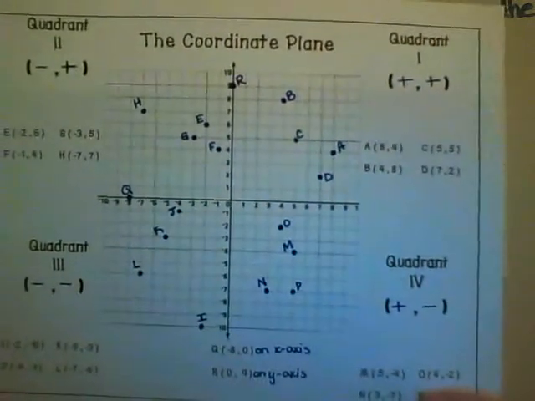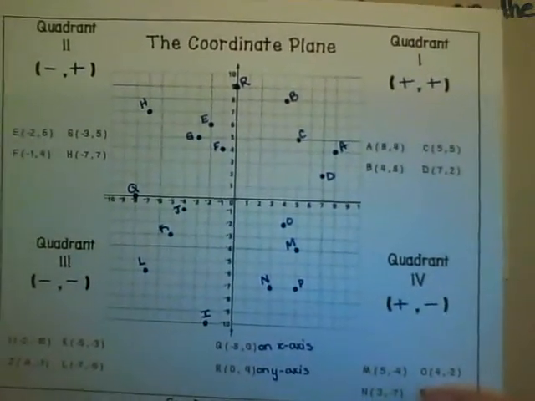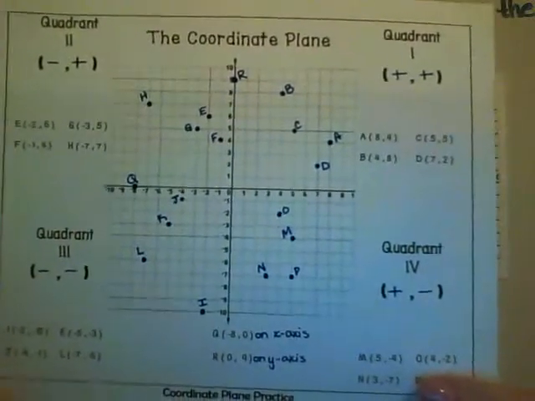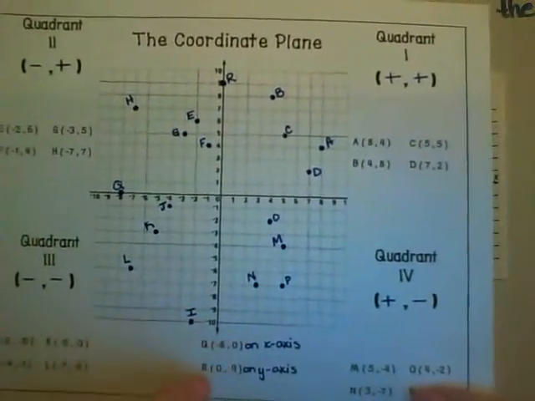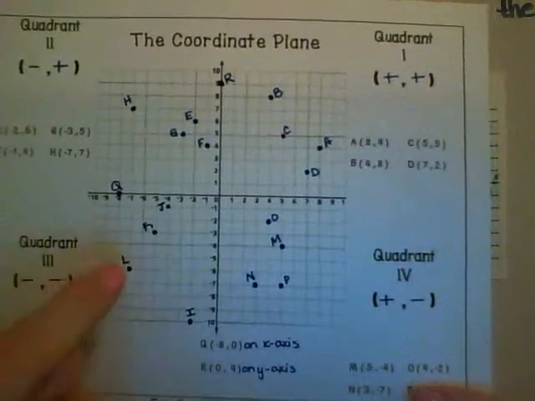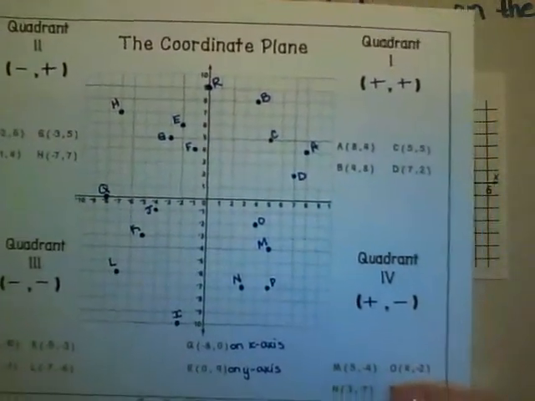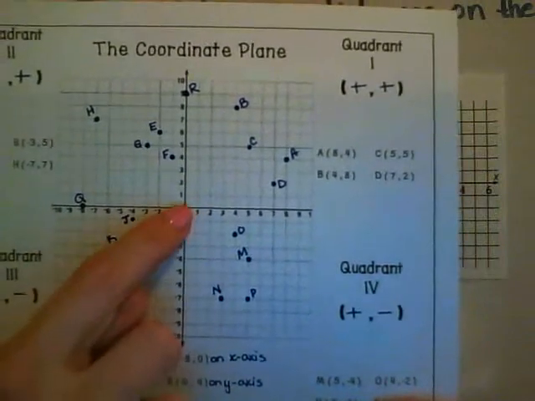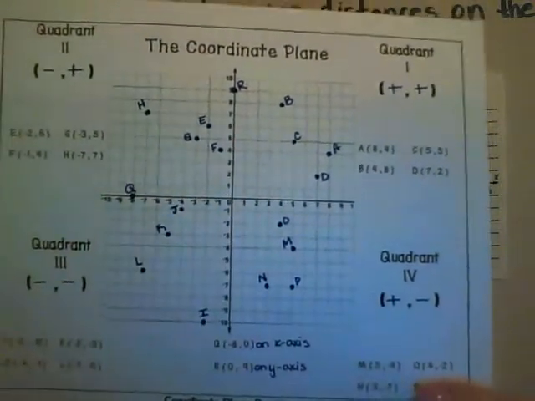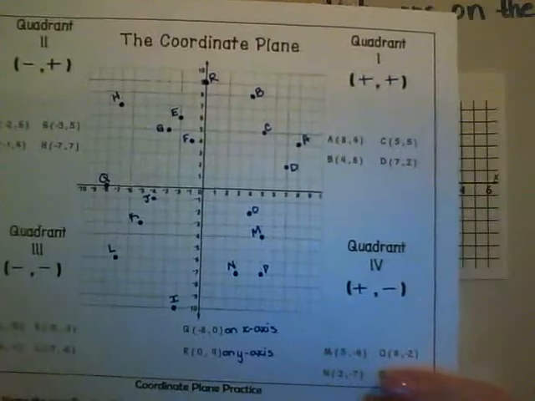When a point lands on an axis, you have to say it landed on the particular axis. You cannot say one of the quadrants because it's not on a quadrant, okay? And if a point lands right here, then you must call it the origin.